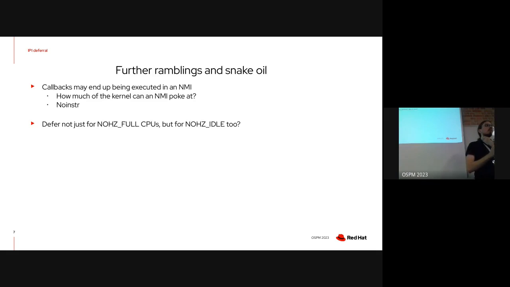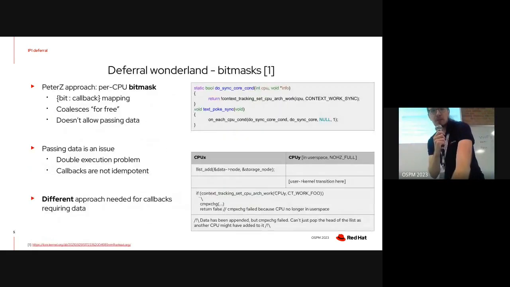And the NMI callbacks, I mean. The things I have in there are for those callbacks that we are running in super early entry code. If we go with the bitmask approach, we can reason about what really is running there.